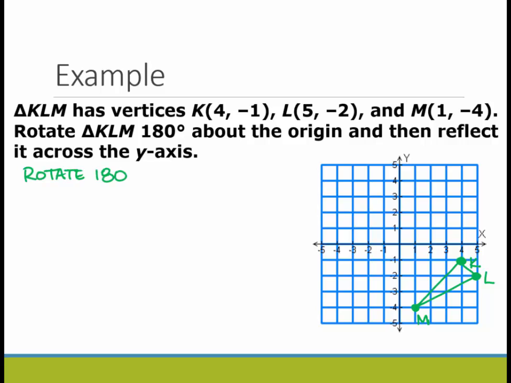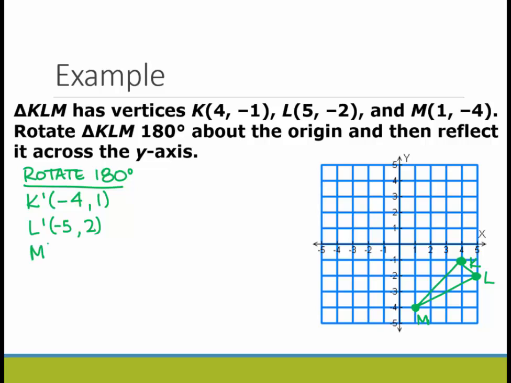The first thing we've got to do is rotate 180 degrees. Now if you remember your rules, to rotate something 180 degrees, all you've got to do is change the signs on your x's and y's. So K prime is going to be -4, 1. L prime is going to be -5, 2.